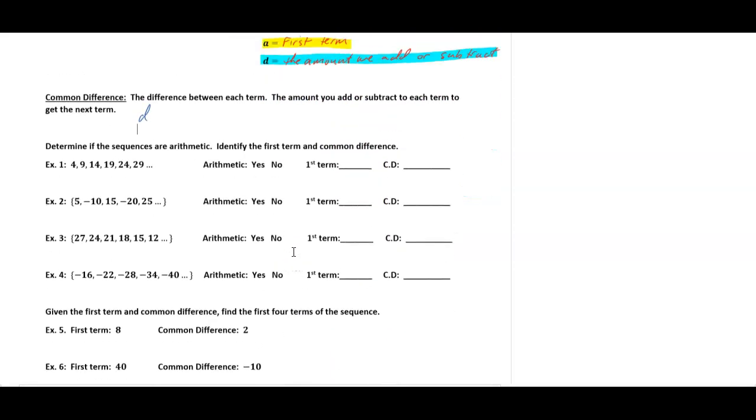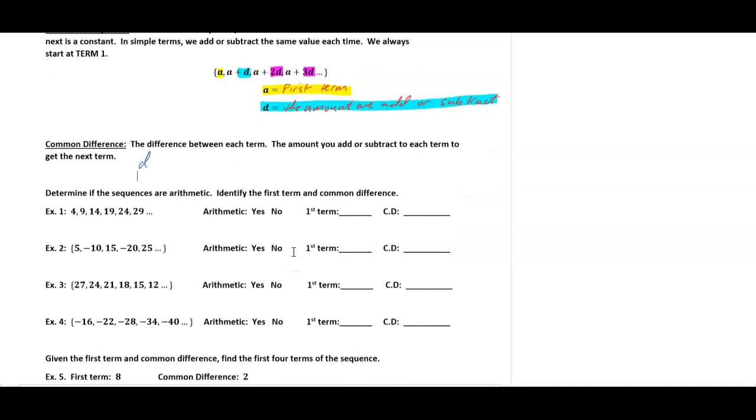So let's look at some examples here. Determine if the sequences are arithmetic. If yes, identify the first term and the common difference. Right away, if I look at 4, 9, 14, 19, 24, 29, starting at the first term, what do I do here?